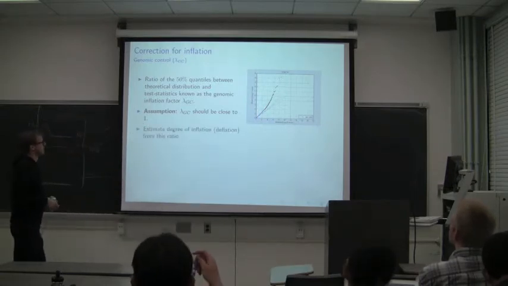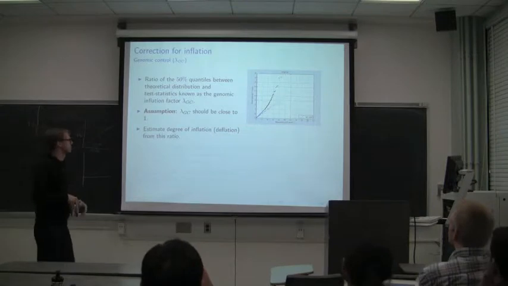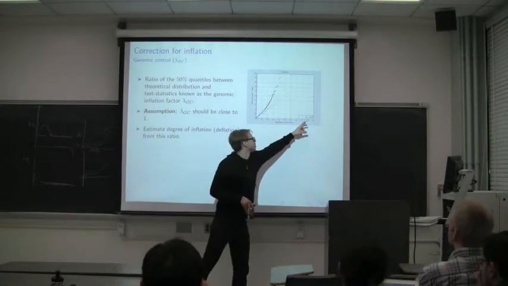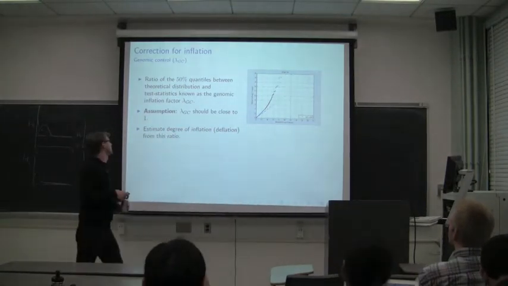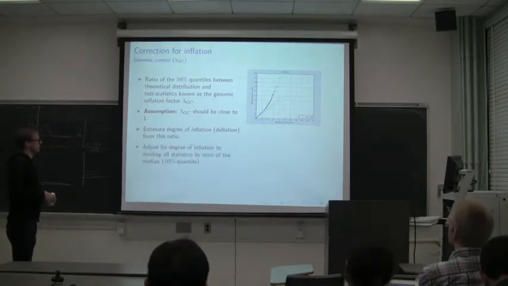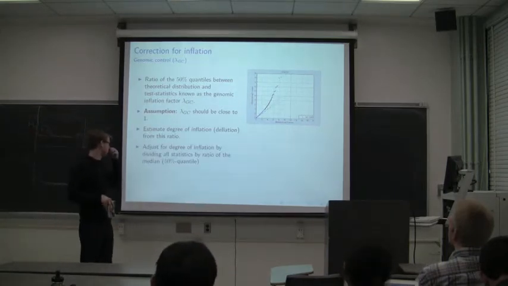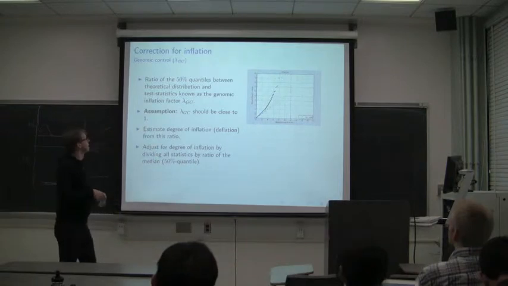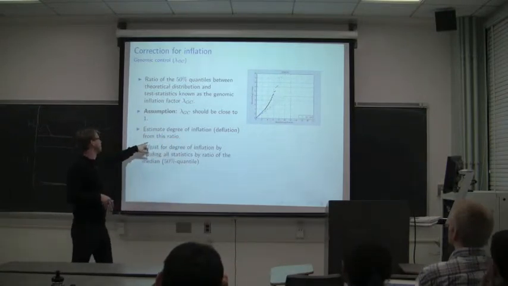And if it's much larger than 1, like for example here we have a 1.4, then I have something that I would call inflation. And if it's much smaller than 1, I would call it deflation.